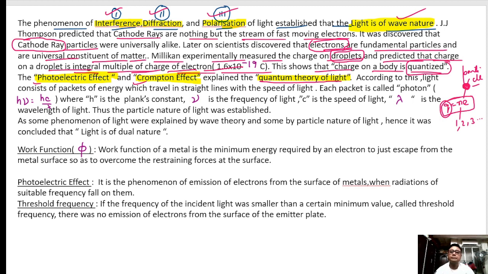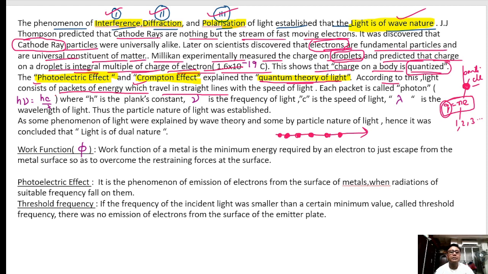According to this, light consists of packets of energy which travel in a straight line. It has particles of energy traveling with the light.